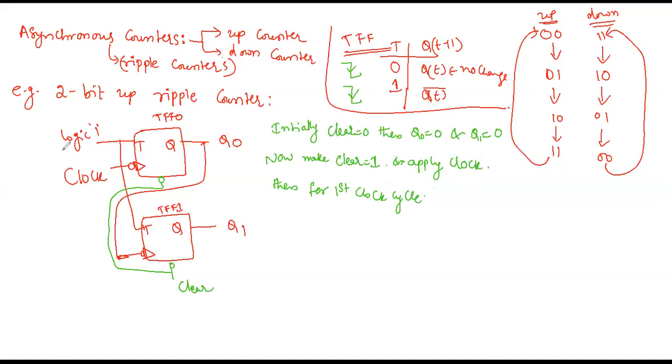Whenever the clock is changing from 1 to 0, then only the input will change the output. So for the first clock cycle, what is the Q0 value and what is the Q1 value? When you apply the first clock cycle and T is equal to 1, the output will be inverted.